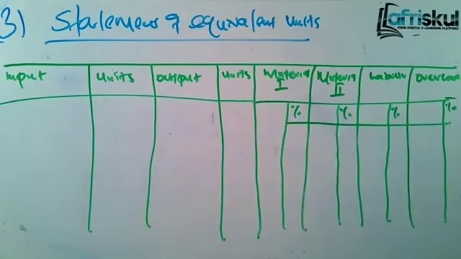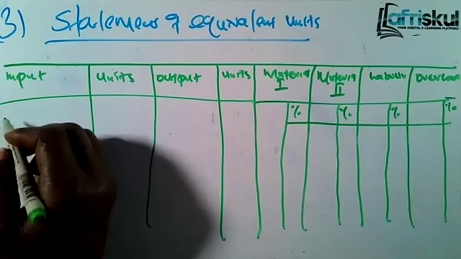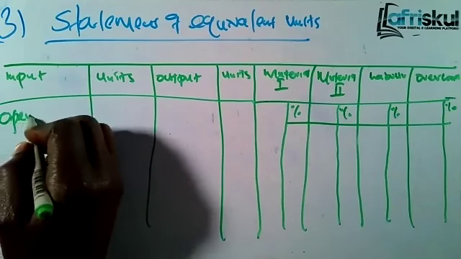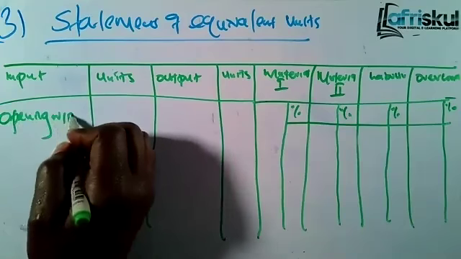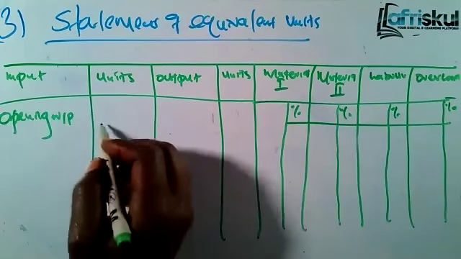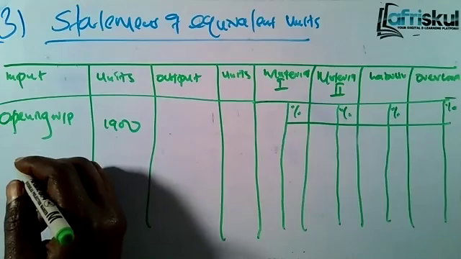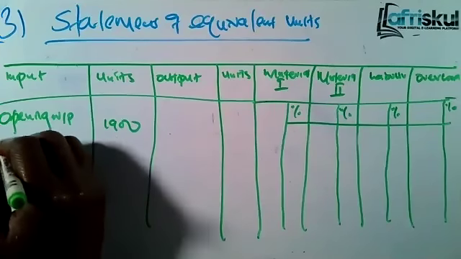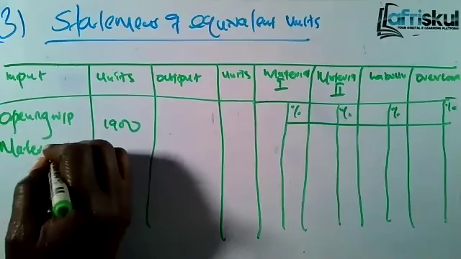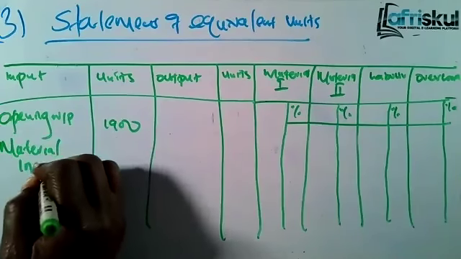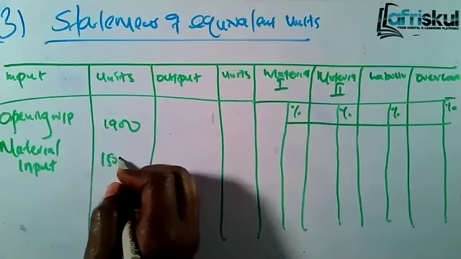So we said you put here the inputs, opening WIP units, which was 1,900. And then we have the from process material input was 15,000 units.